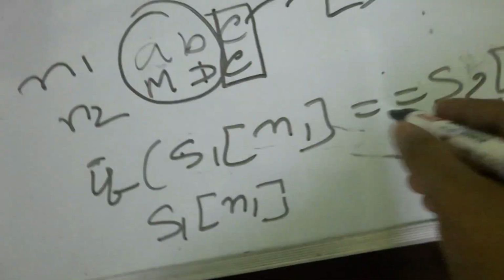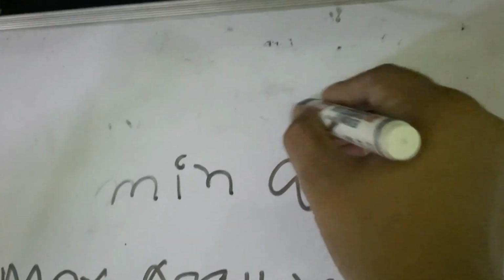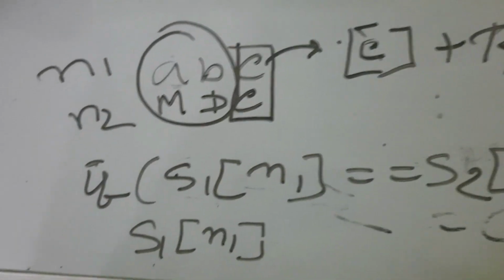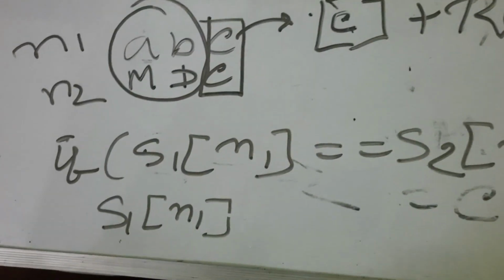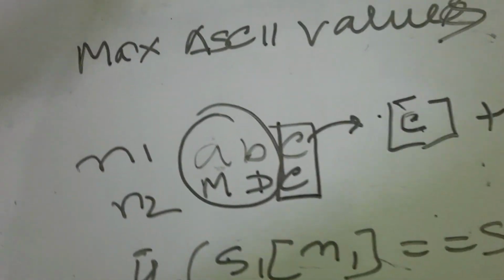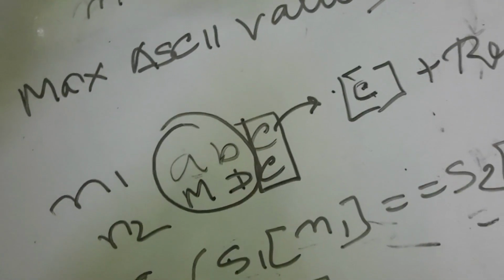And if both of them are not equal, then we are going to call the function for n1 minus 1 and n2, and n1 and n2 minus 1, just like the longest common subsequence problem that we have already done. Maybe you have done it, or I would recommend you to do that first to understand this problem better. Okay, that's all for this problem. I hope you are able to understand.